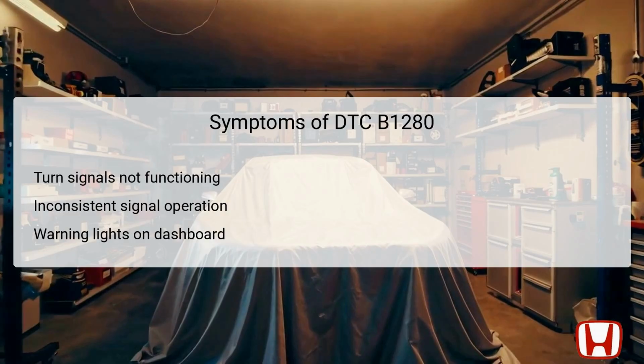Additionally, warning lights on the dashboard could illuminate, providing further indication of a malfunctioning system. Each of these symptoms can detract from overall vehicle reliability while also increasing risks during driving. As such, prompt recognition and diagnosis are crucial for maintaining safe operational standards.